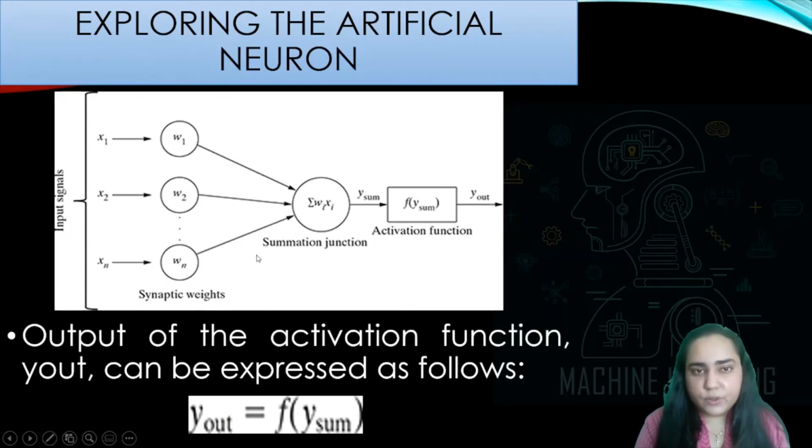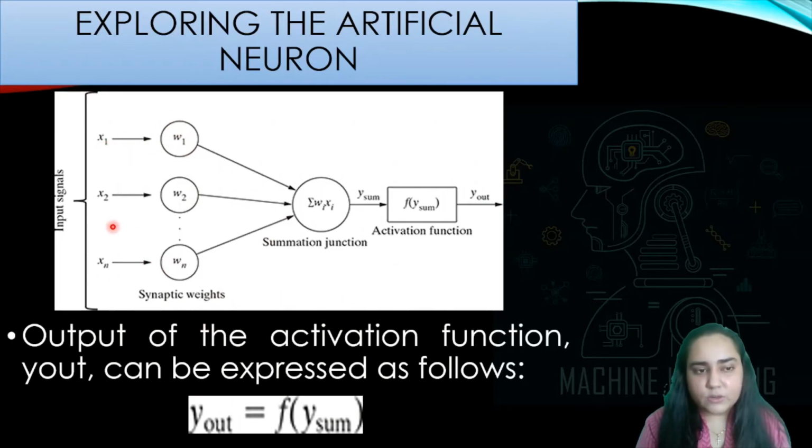So here you can see what an artificial neuron looks like. You don't see a lot of curves and all because this is an artificial neuron, not the real one. What you can see here, this is the soma basically that is gathering all the input signals. This is nothing but all your dendrites that are getting all the input signals. These are the synaptic weights.